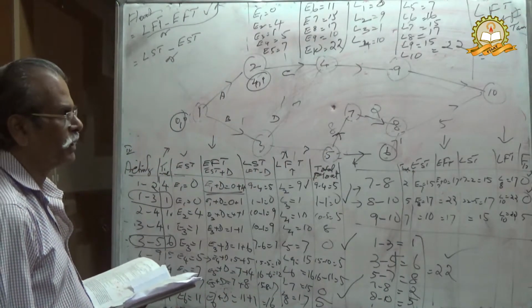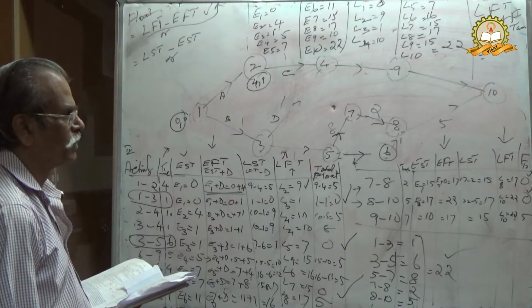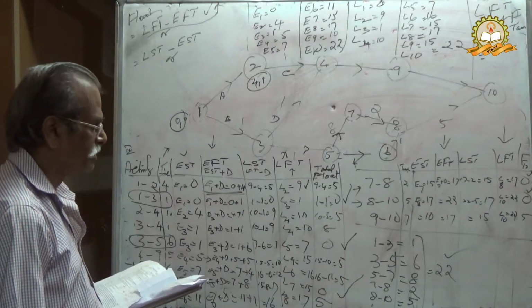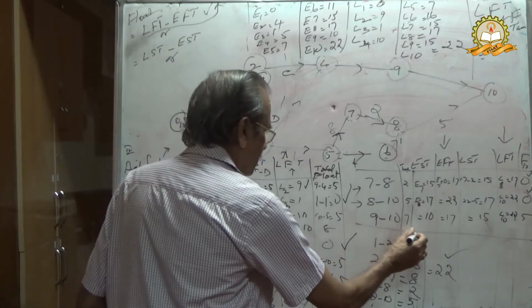Therefore, you collect float equal to 0, collect the activities, and write the duration given in the question.